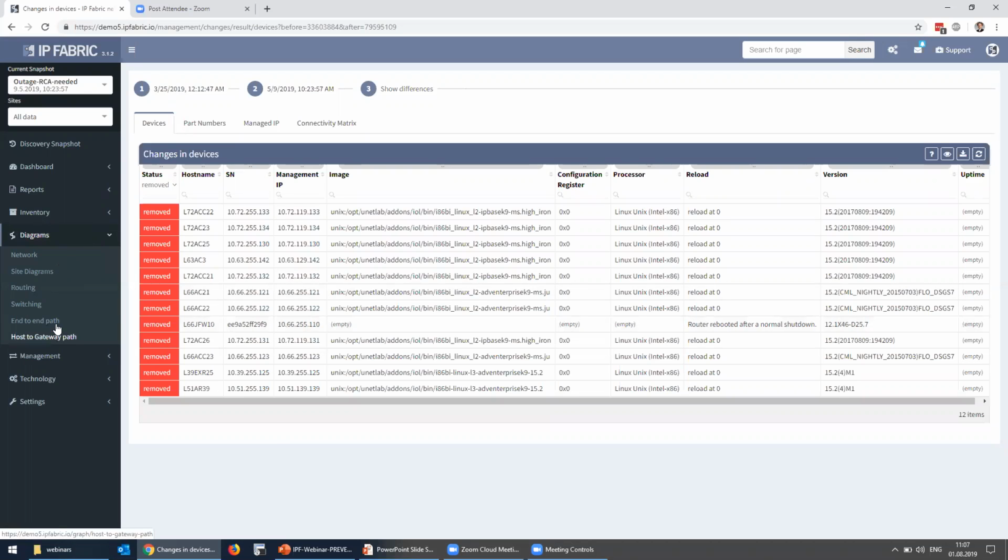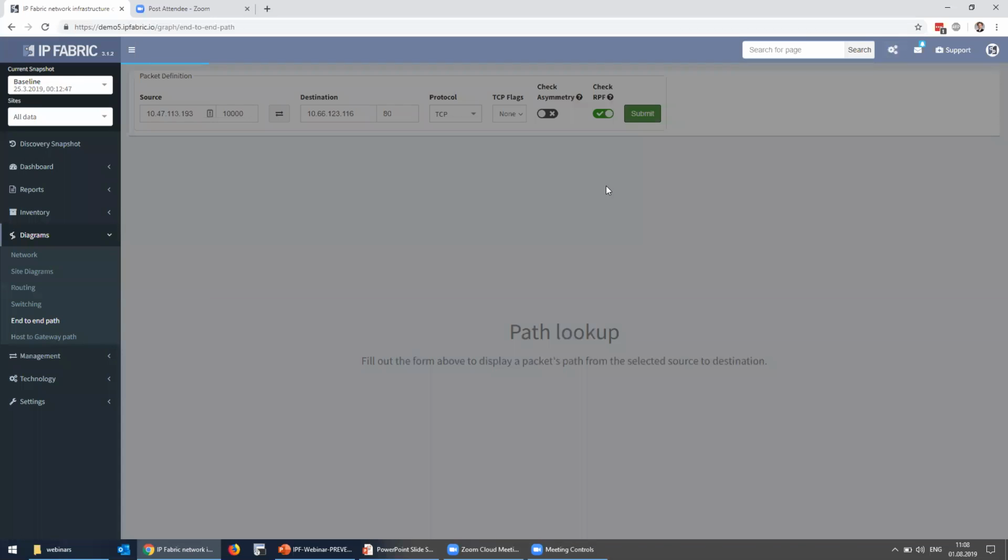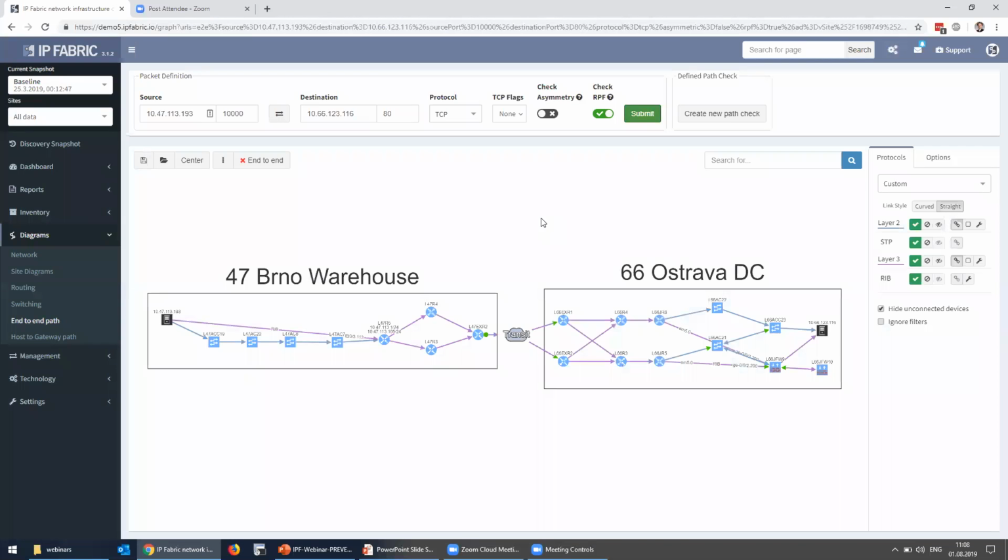In this case, if we look at the service that's provided by the failed device, when users complained that the service was unavailable during the outage, we can look at how the service looks during our baseline.